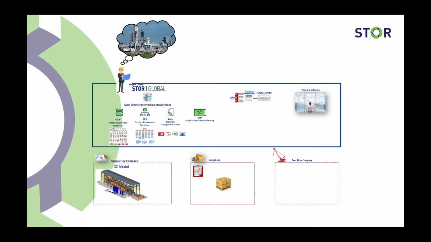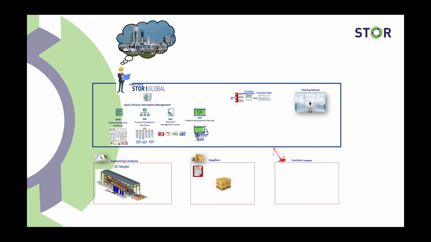to be dispatched, a packing list or a bill of lading will be generated, starting the logistics module of our STOR ALIM. Those packing lists are received, registered, and confronted with the PBS and its purchase orders and bill of materials.